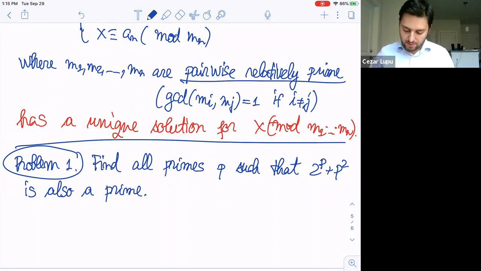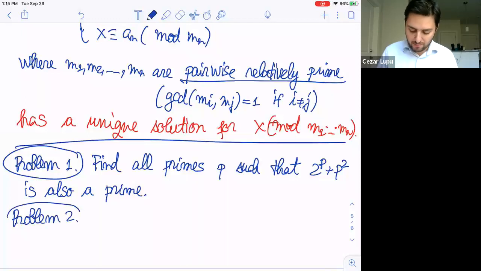Now maybe let me state another problem as well. Problem 2. So these are just a warm-up.